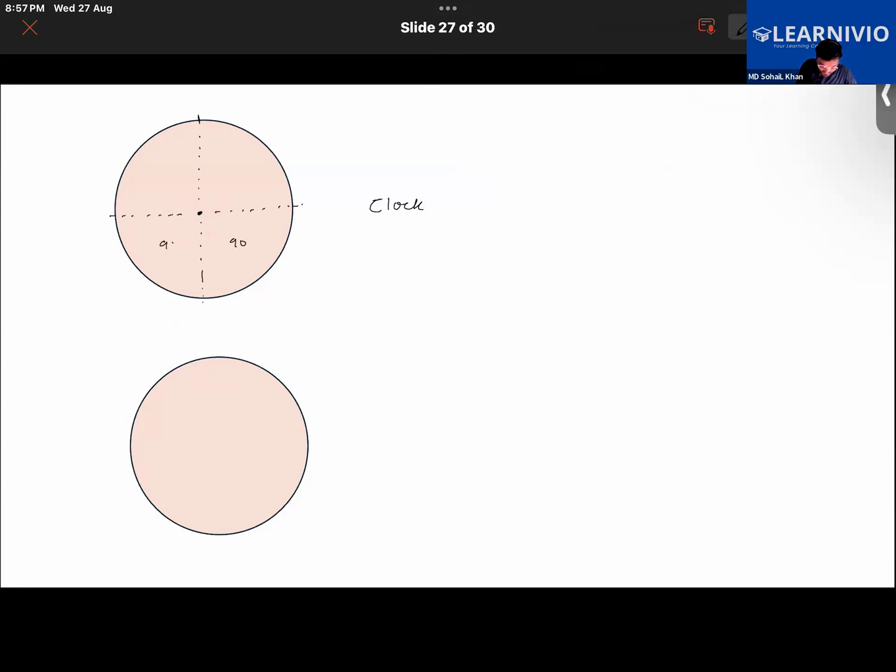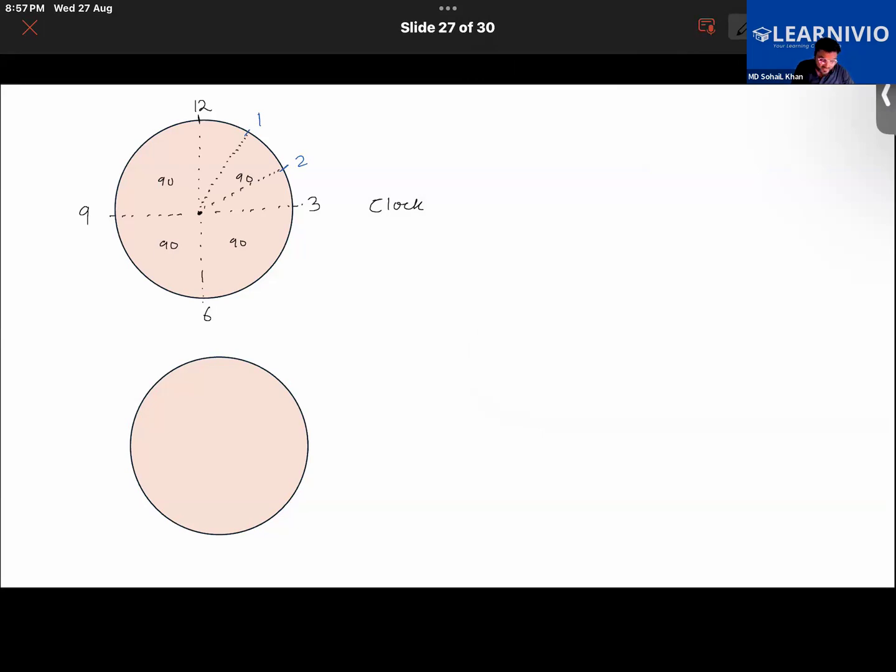In a clock, the marking here is 12, then 3, 6, and 9. Further, some more markings are there, 1 and 2. Now let's say that I am joining these points from the center.